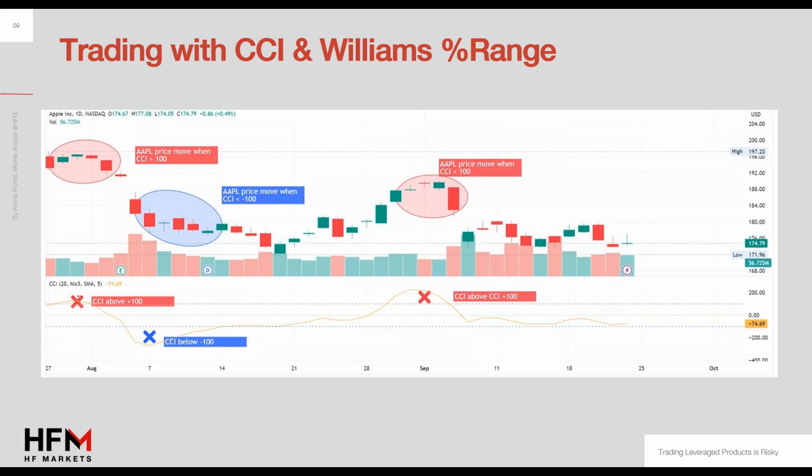Remember, above the 100 threshold tends to be an indication of an overbought condition, and it flattened actually above 100, as you can see over here. It flattened above 100, overbought and flat.